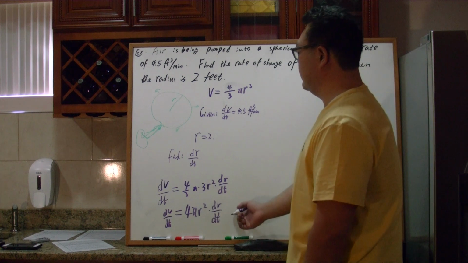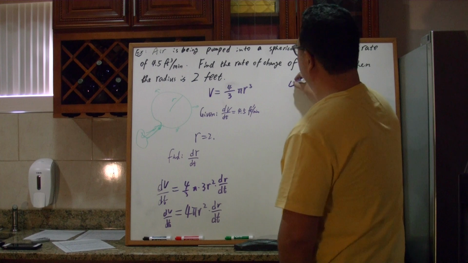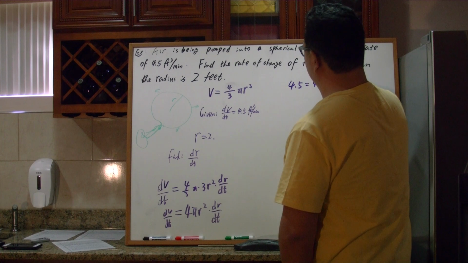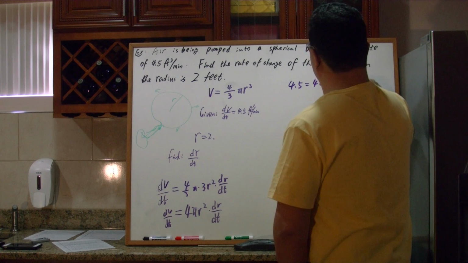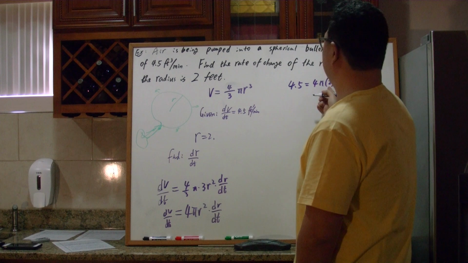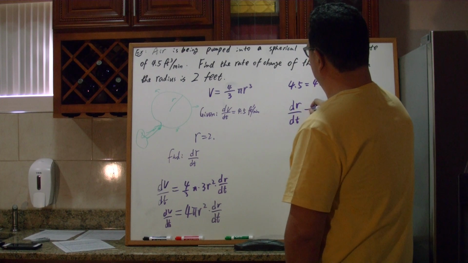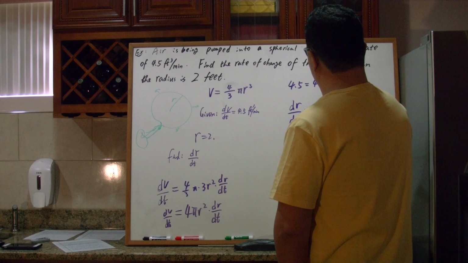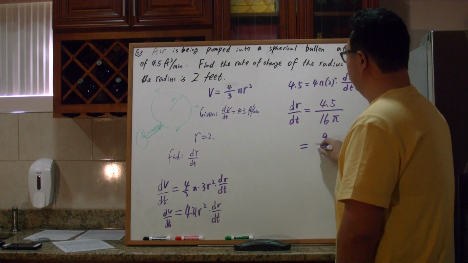Then we substitute the given information: dV/dt is 4.5, the radius is 2, but we don't know dr/dt. That gives 16 pi. So 4.5 over 16 pi, which if we multiply by 2 is 9 over 32 pi.